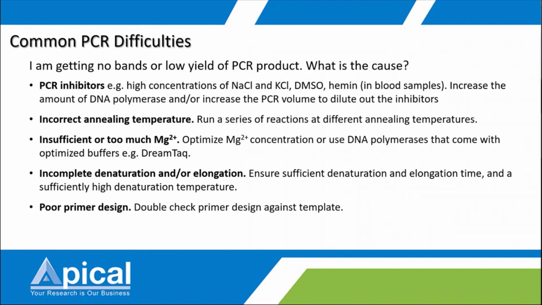If so, you can try to dilute your template and run the PCR again, or increase the amount of DNA polymerase, or increase the PCR volume to dilute out the inhibitor. Then look into optimizing the annealing temperature or magnesium chloride concentration.